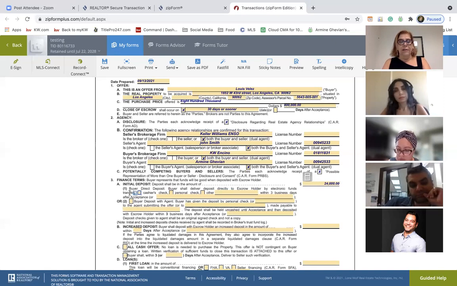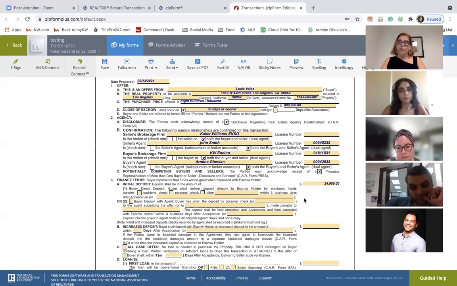What does it say in here? Number one, buyer direct deposit. Buyer shall deliver deposit directly to escrow holder by electronic funds transfer, cashier's check, personal check, or other, within 3 business days of acceptance.